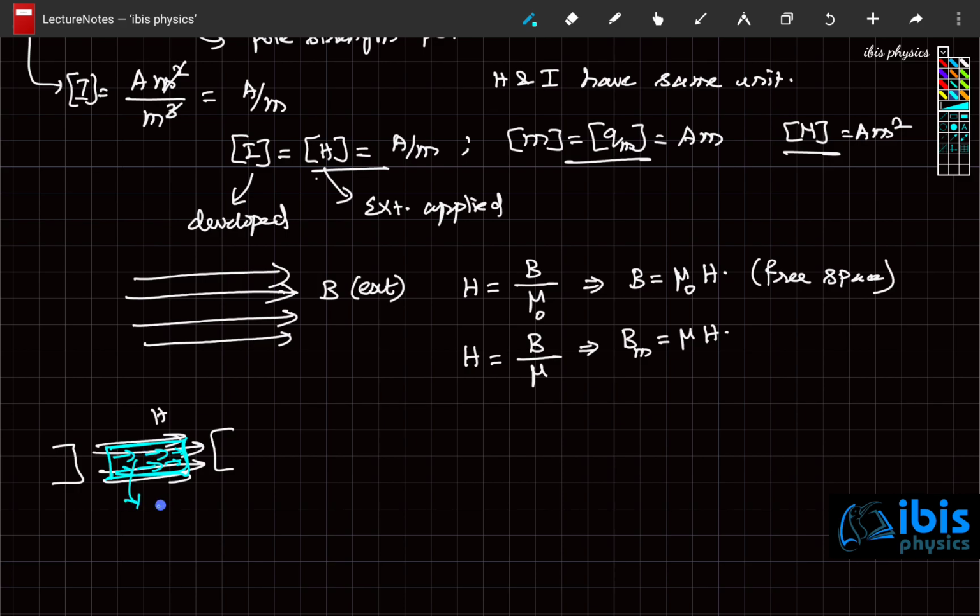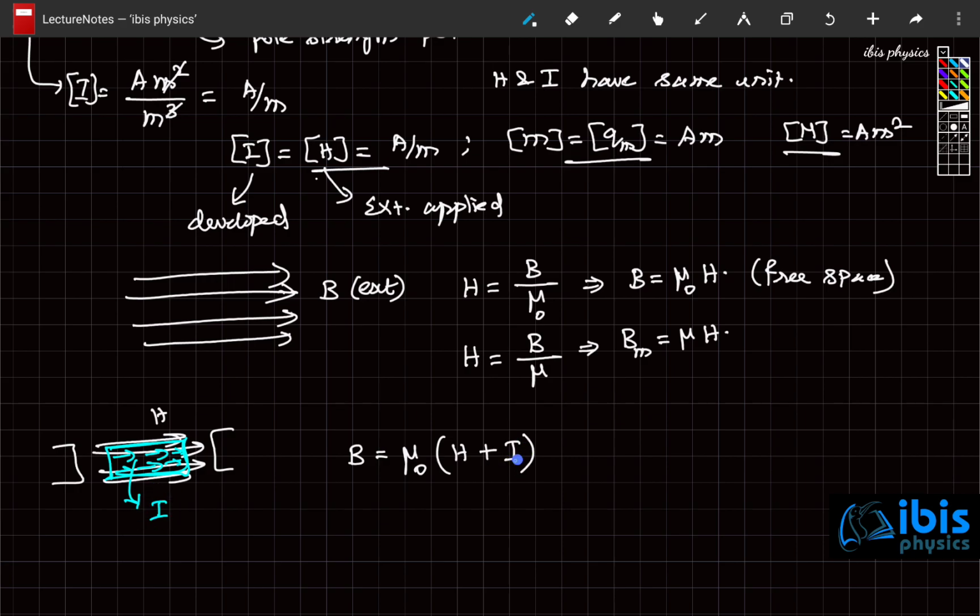That magnetic moment per unit volume is called I. So in this region, the total magnetic field will be equal to mu naught times the magnetizing field, the applied field, plus the intensity of magnetization I.